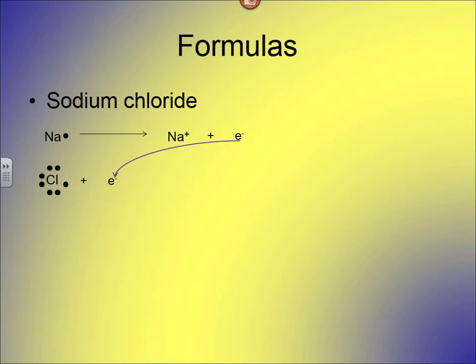And where do you think that 1 is coming from? Conveniently enough, sodium already lost 1. So that electron that chlorine gains is the electron that sodium lost. And then for an ion, we end up with Cl-. And it's negative because it's picked up an extra electron.